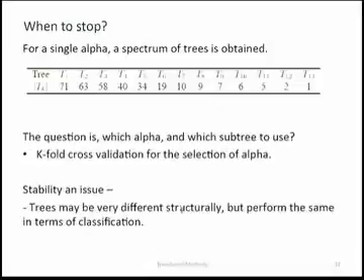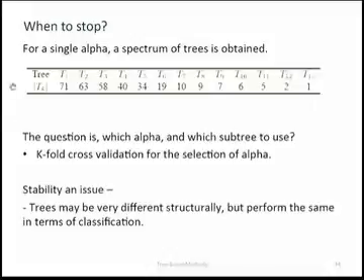All right, here is an example from your book. This is a spectrum of different trees, for a single alpha. We're going to talk about ranging alpha in a minute. What we're seeing here are the cardinalities of the pruned trees, starting from more complicated to more simple.